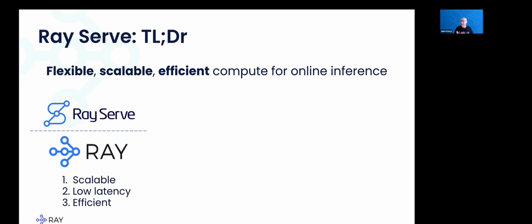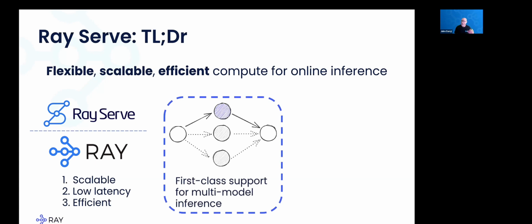You get low latency because of the network efficiency we have using gRPC calls. And finally, you get efficiency straight out of the box, because with Ray we continue to make performance improvements and fix issues, and that gets bubbled up to whatever applications are built on top of Ray.